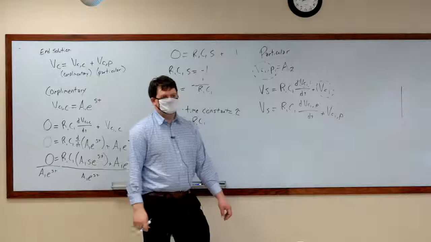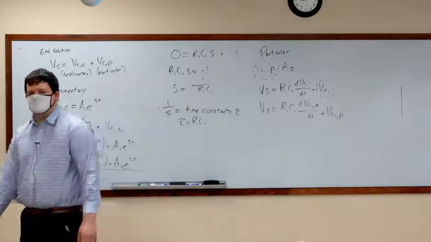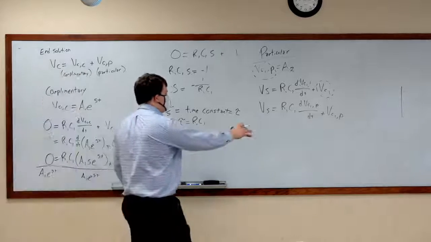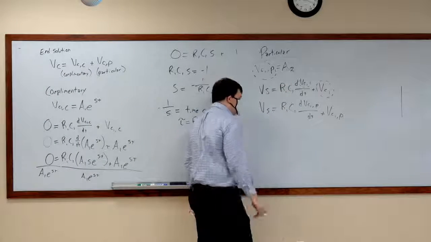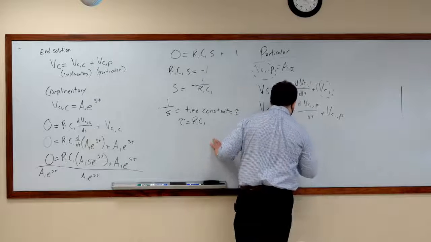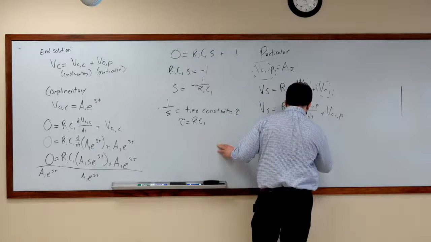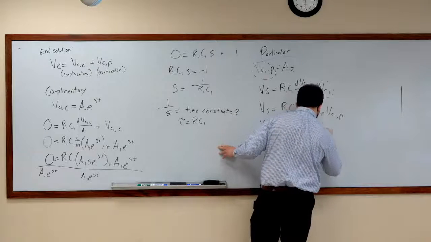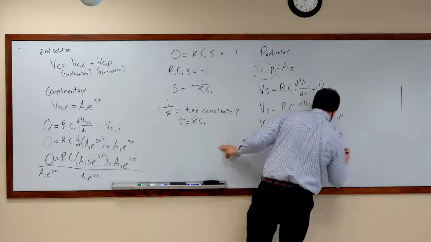Not a huge change. I just put a p after a couple letters. Okay? We know that Vc1p is a constant. So Vs is equal to R1C1 d/dt of Vc1p, which is A2, plus A2.